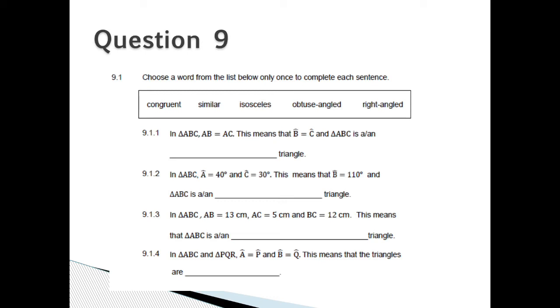In triangle ABC and triangle PQR, angle A is equal to angle P and angle B is equal to angle Q. This means that these triangles are what kind of triangles? The options we have are: congruent, similar, isosceles, obtuse angled, or right angled.